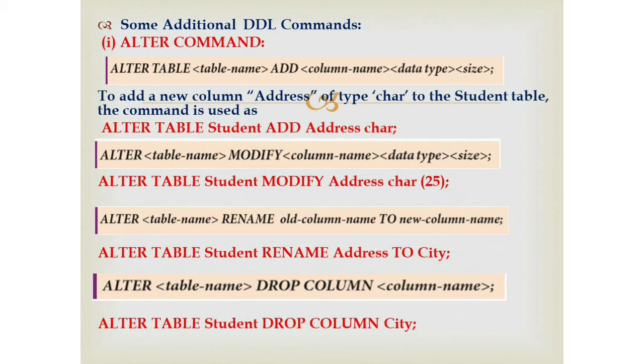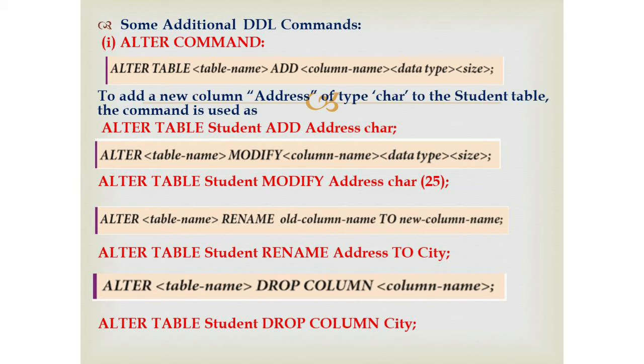For this you have to use the statement ALTER TABLE. ALTER TABLE is a keyword, then the table name, and if you are going to insert any column, you have to use ADD, column name, its data type, and also its size. For example, ALTER TABLE is a keyword. What's the table name?